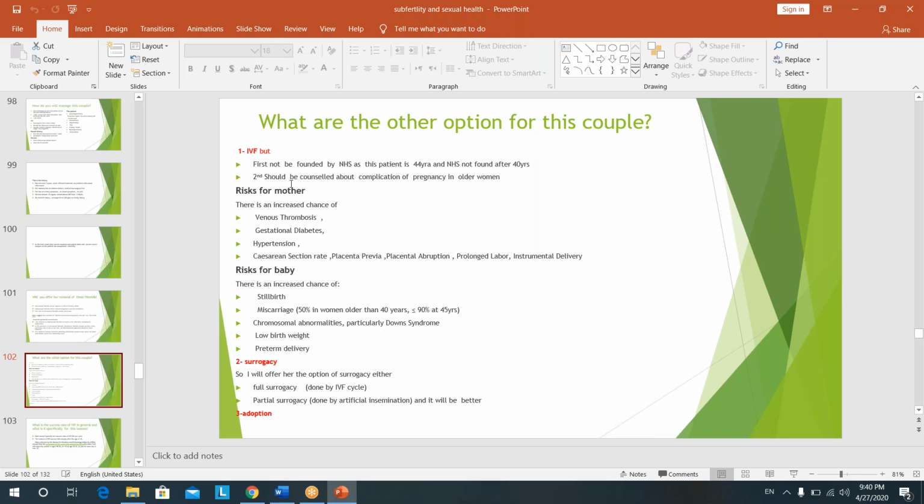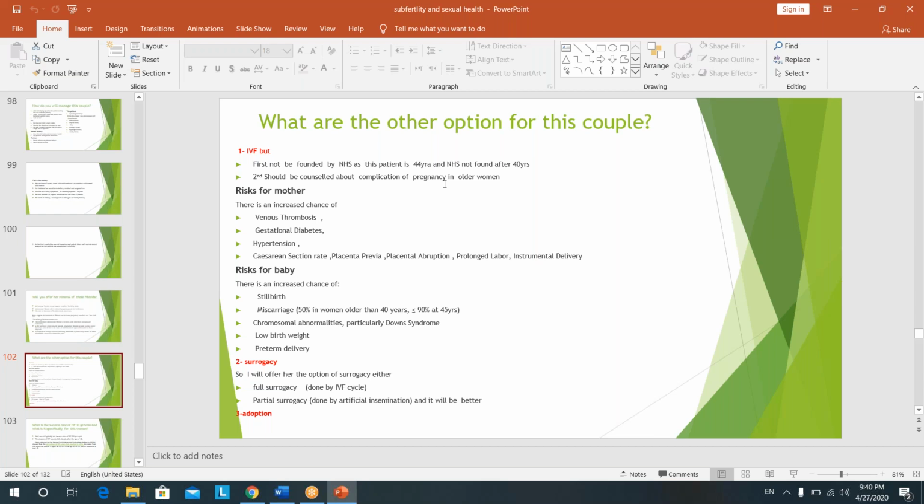Second, I will counsel the patient about the complications if she becomes pregnant at that age. So I will counsel her about the complications of pregnancy in older age.